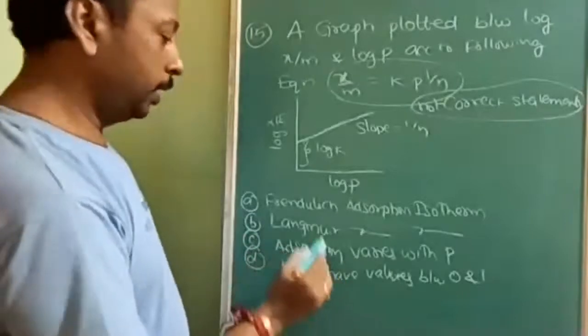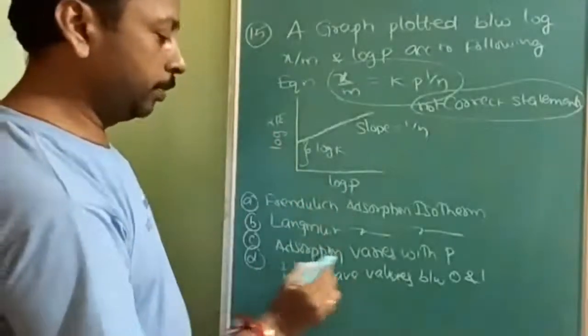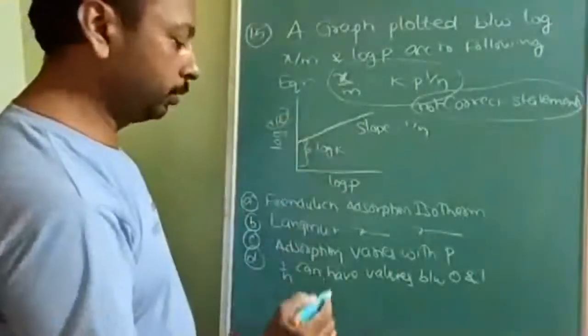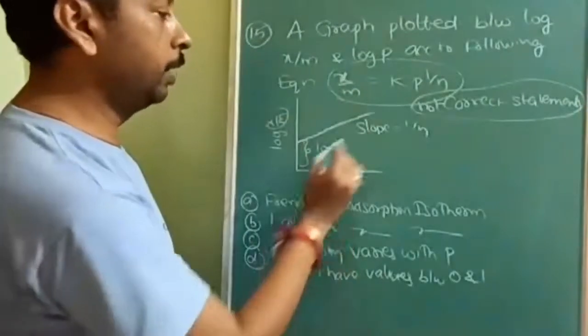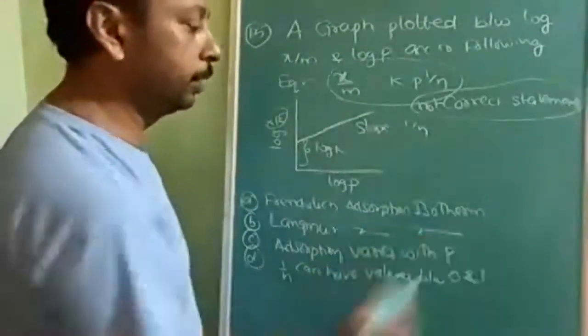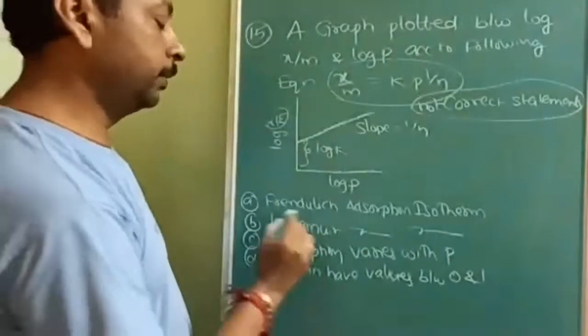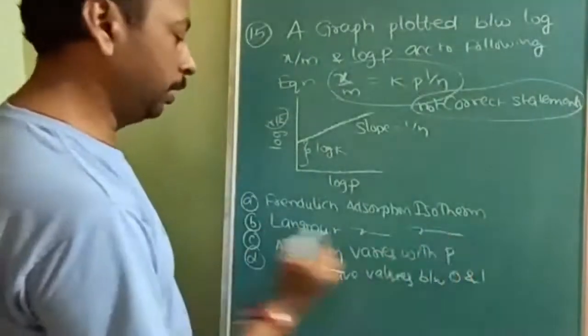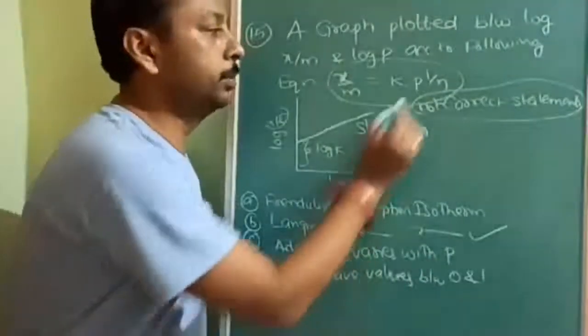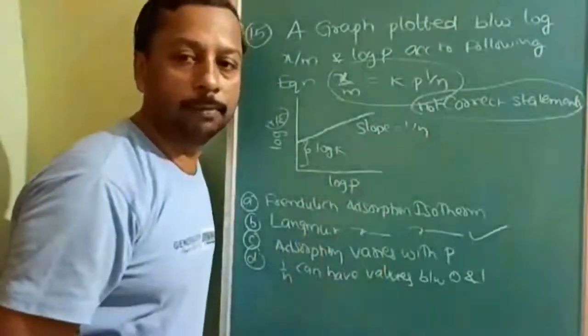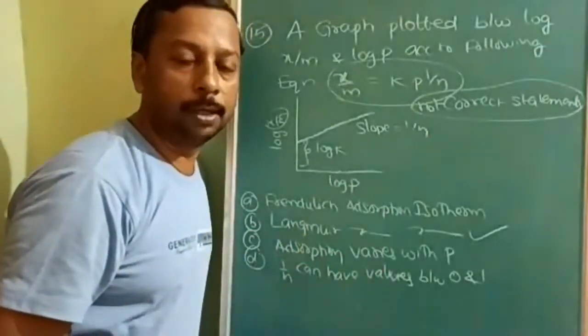And pressure and x upon m adsorption is varying, that is also correct. The 1 upon n value can be that one. That means out of this, one is the wrong option. Langmuir adsorption isotherm is not for the pressure, it is for the concentration.